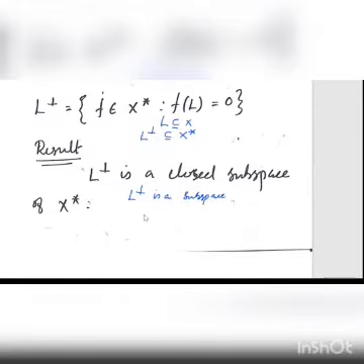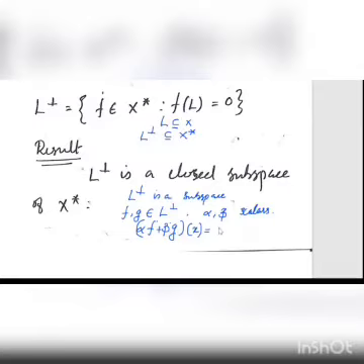For proving subspace, we want to take two elements. So let me take f, g belonging to L perp and alpha, beta scalars. What I want to show is that (alpha f plus beta g) of x is 0 for some x.